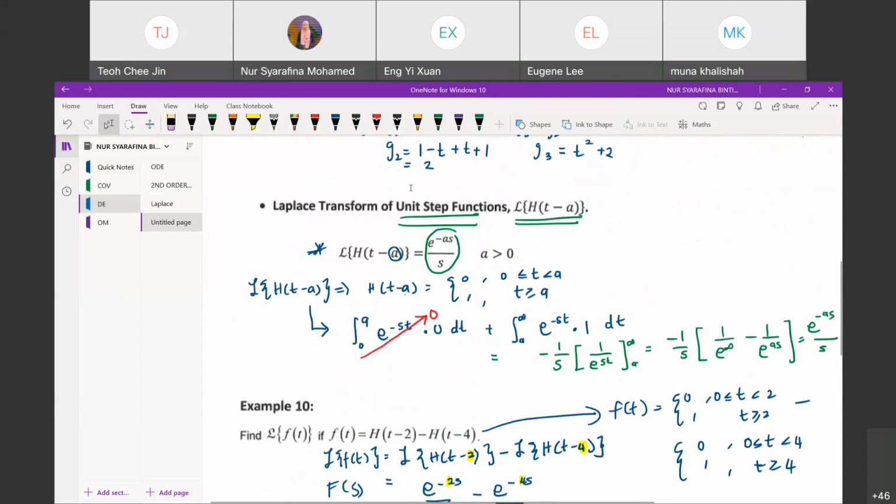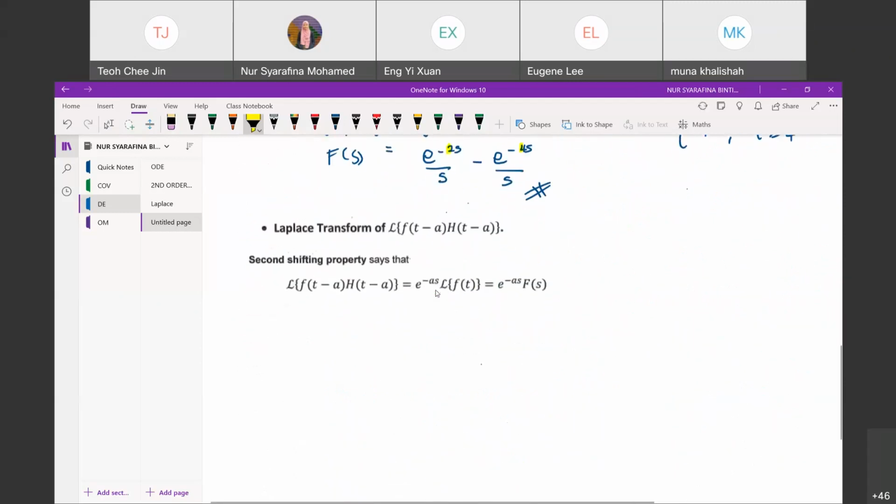If it is a unit step function alone, then the transformation is e to the power minus as over s here, right? This one. Now, when this unit step function is combined with another function f, then the transformation becomes e to the power negative as times F(s) here. Okay, so let's prove this.